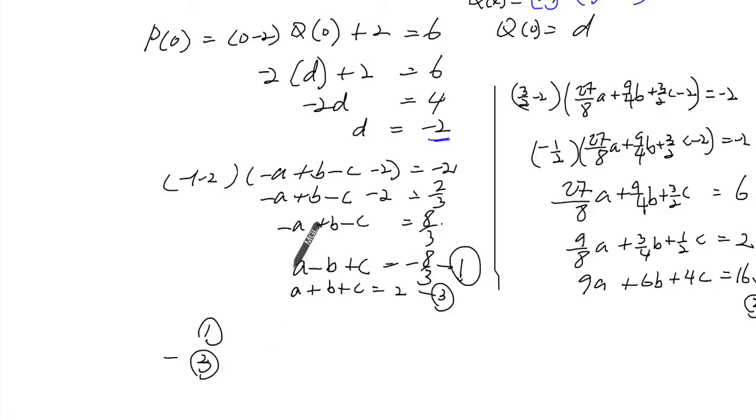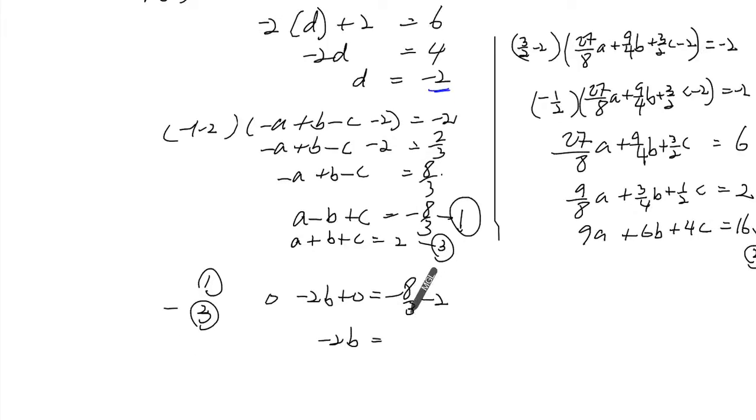Just subtract it and you get a minus a is 0, minus 2b, c minus c is 0, is equal to minus 8 over 3 minus 2. That's negative 14 over 3, so b is equal to 7 over 3. Okay, 7 over 3.